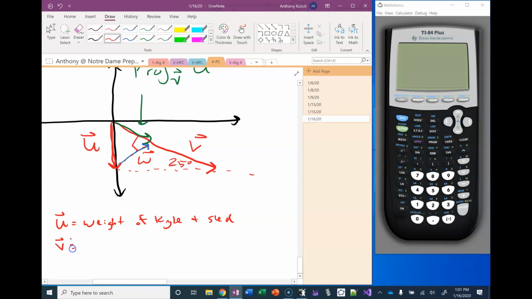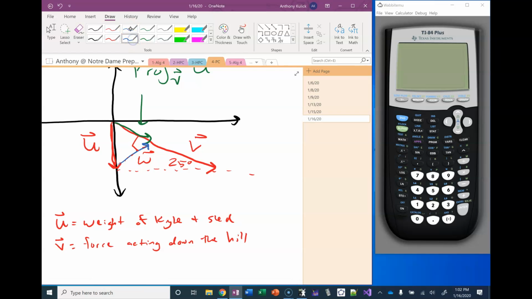So we're going to say vector V then is the force acting down the hill. Everybody okay with that idea? Okay.